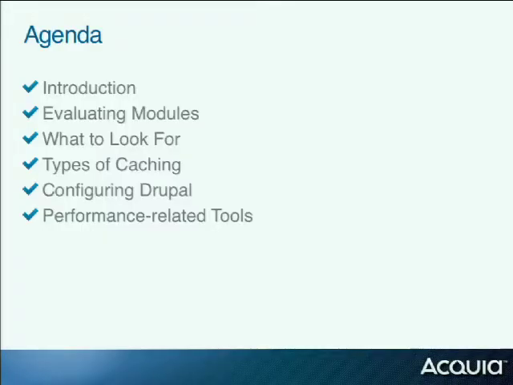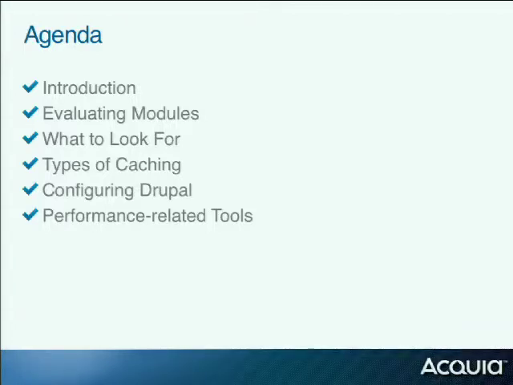So we're going to step through a couple of things. You can't have a presentation without the introduction, of course, for me. We're going to look at evaluating modules, trying to understand when we're looking at a new module, what we are doing to figure out how it may or may not impact our site. What to look for in your site, so when you are having problems, how do you trace that back down to where the problem could have been coming from.